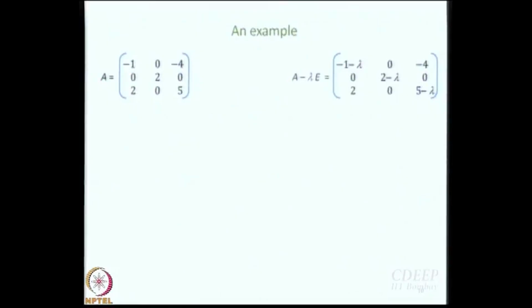Very easy. What can I do when I have this matrix? I can take the determinant of this and put it equal to 0, and what will I get then? What is that equation called? Characteristic equation of matrix A. You see what I was talking about? We have not even talked about X yet.